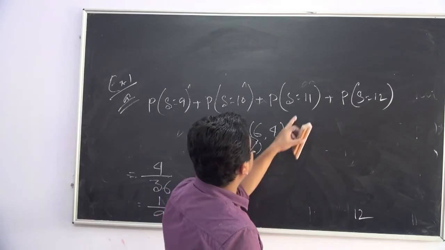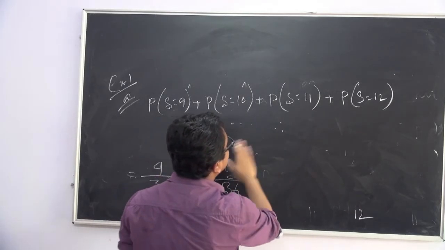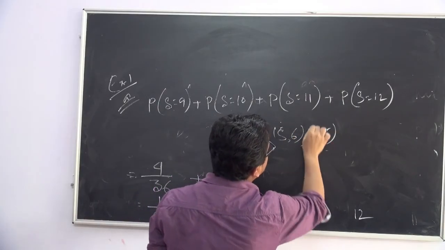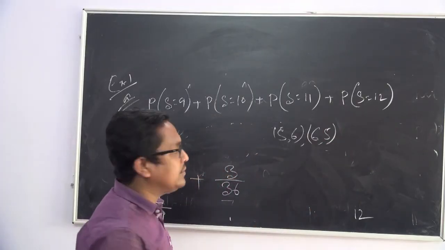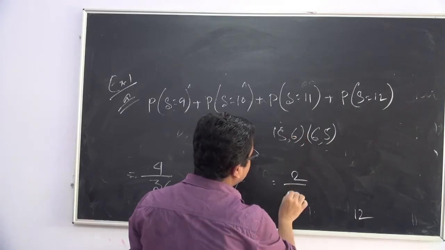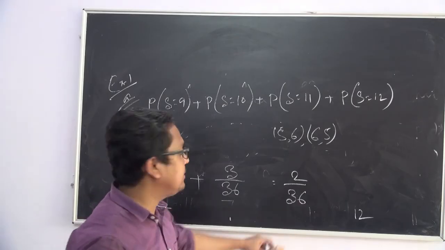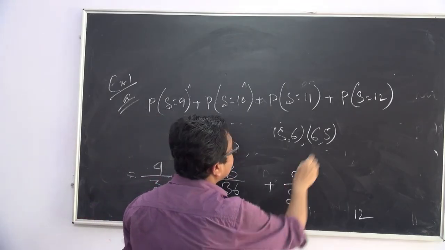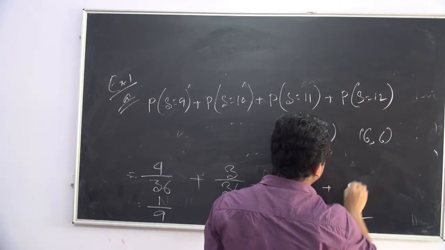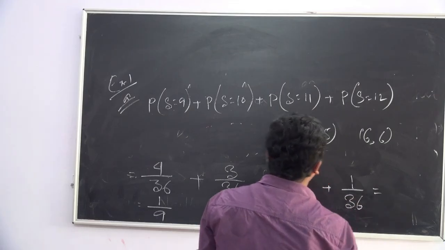Next is the probability of getting S is equal to 11. What are the favorable cases for that? 5 6 and 6 5. That means 2 are favorable for getting S is equal to 11, and the total cases is 36. Next, for S is equal to 12, that is 6 and 6 only. That means I can write 1 by 36.